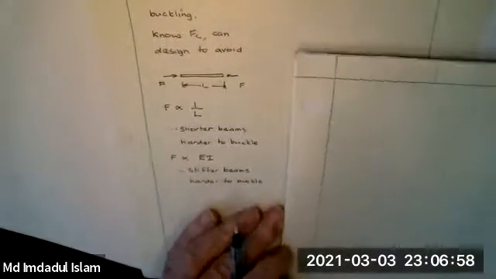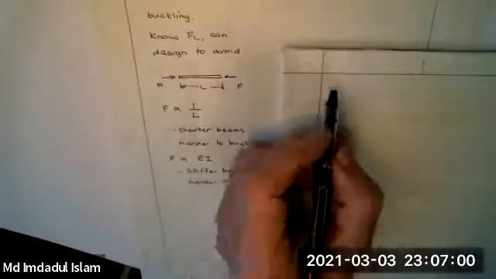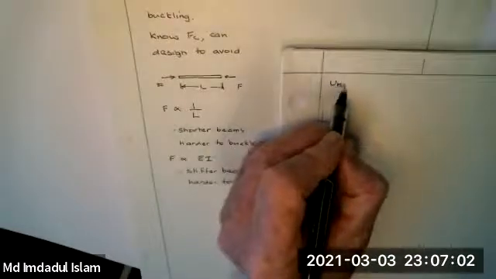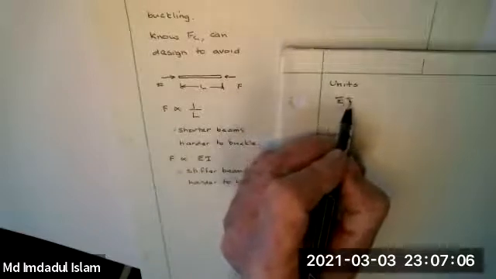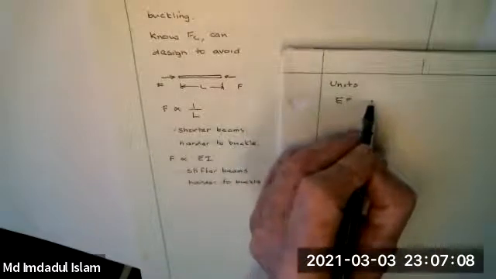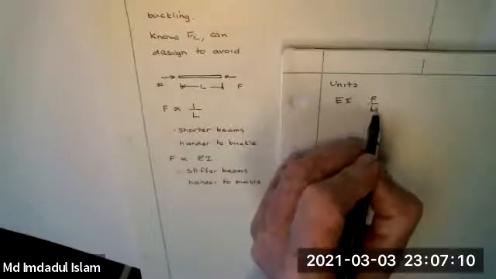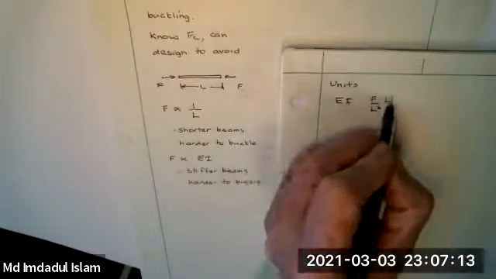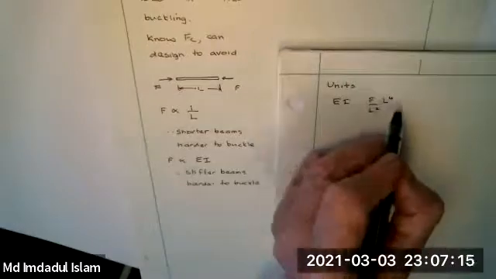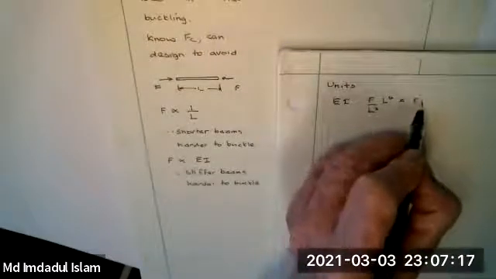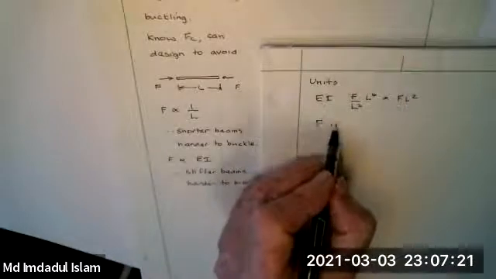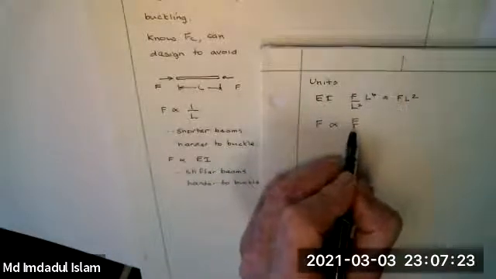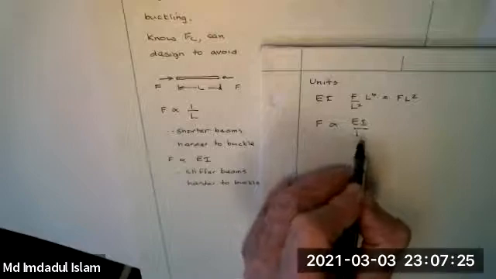We want to make them dimensionally consistent. So the units for EI: E is force over length squared, and I is length to the fourth. So this is F L squared. That would imply then that F is proportional to EI over L squared.